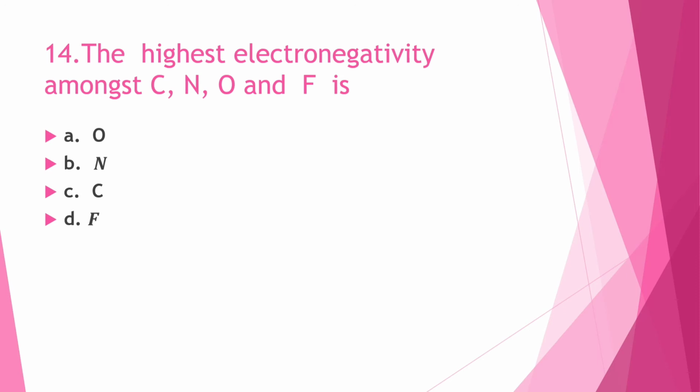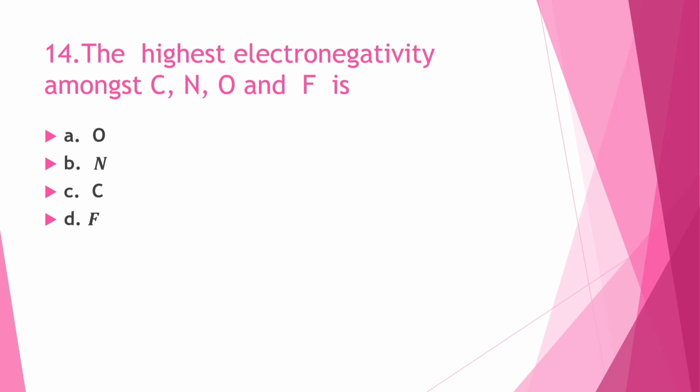Electronegativity of an element depends upon the size. Smaller the size, greater the electronegativity. Along the period, atomic size decreases left to right, so electronegativity increases, and down the group, electronegativity decreases.